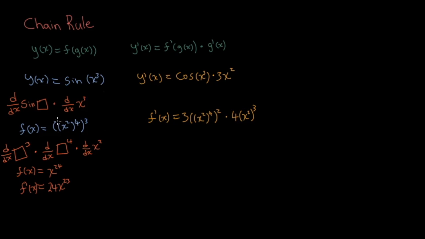Because in this step we're taking the derivative of this function here. And then last but not least, we multiply that by the derivative of the inner function, which is just going to be 2x.